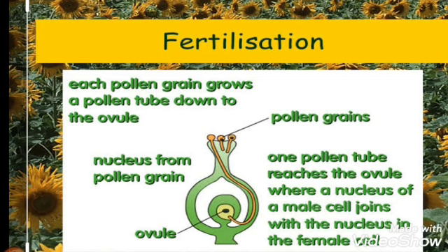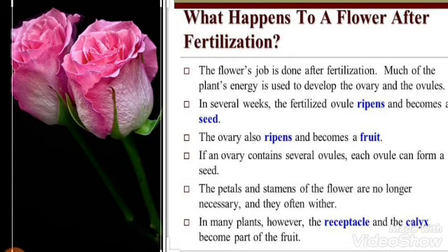On reaching, the male gamete or reproductive cell present in the pollen grain combines, fuses or unites with the female gamete or egg cell present in the ovule. So, how will you define fertilization? The process of fusion of the male gamete with the female gamete is called fertilization.